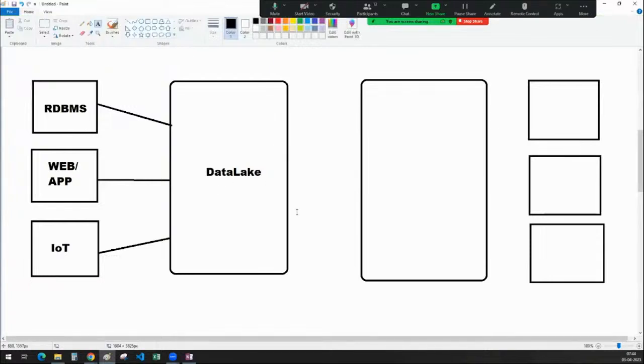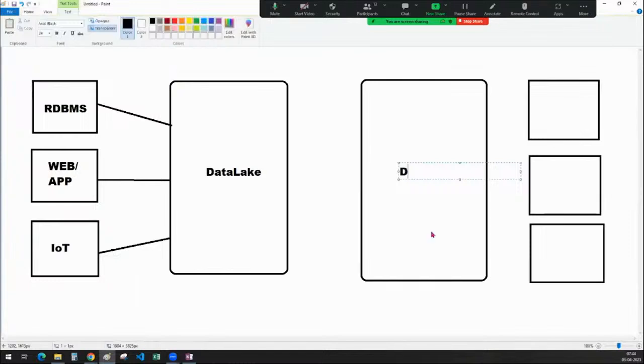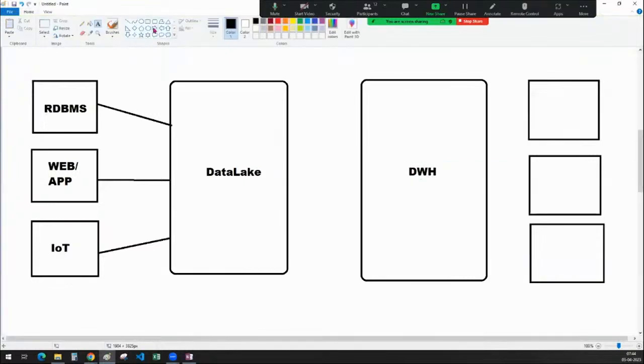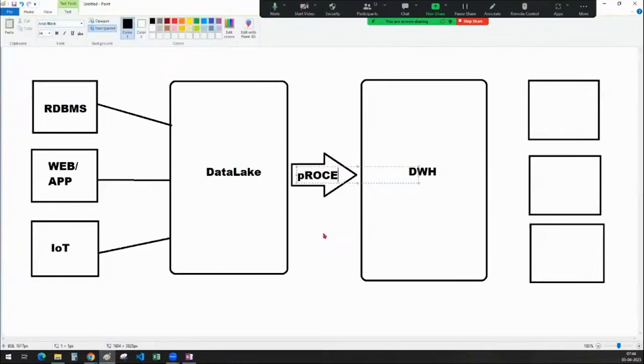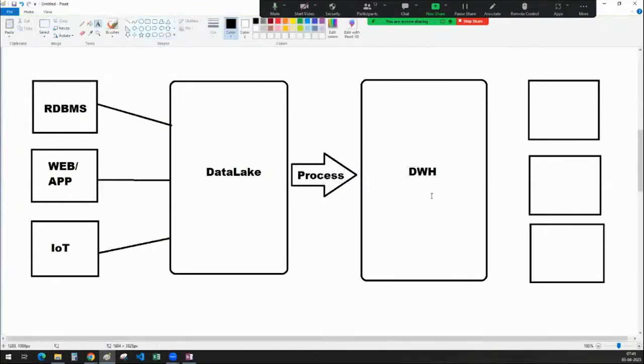Once you have the data in the data lake, you try to process the data and send it to the data warehouse. Here you are trying to process the data, transform the data, clean the data, whatever you name it, and send it to the data warehouse.